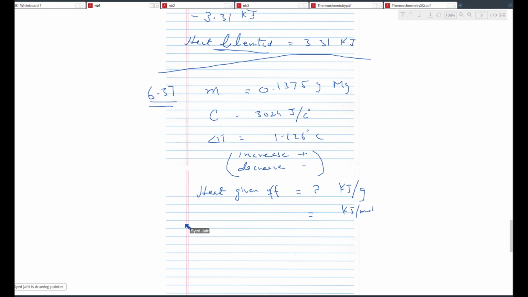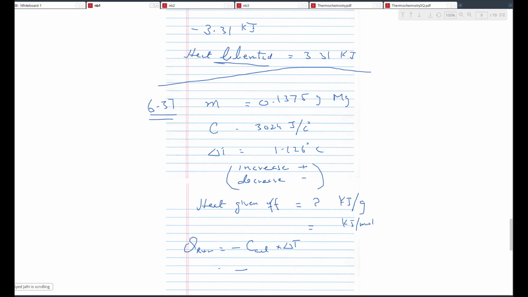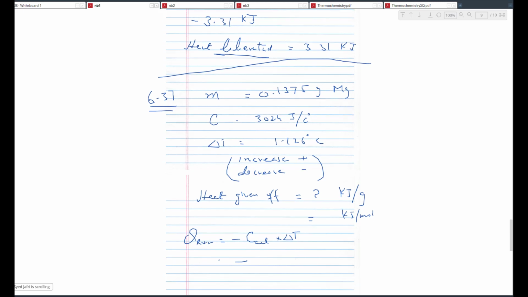And what is the formula? Q reaction is how much? Minus C calorimeter times delta T. What is the calorimeter capacity? Is it 3024? 3024 joules per degree Celsius, and the change in temperature is 1.126 degrees Celsius.